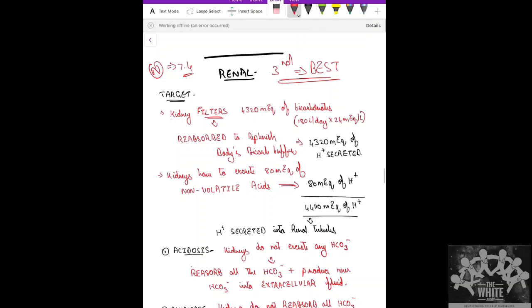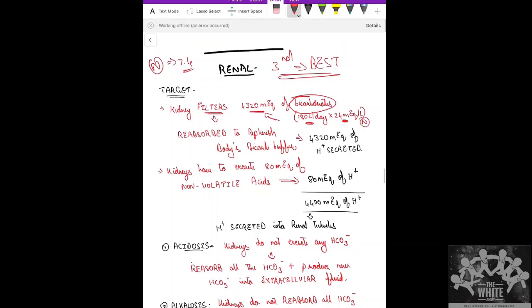It almost filters 4,320 milliequivalents of bicarbonate, because GFR is 180 liters per day into 24 milliequivalents being the normal concentration. You get 4,320 milliequivalents of bicarbonate. If this amount of bicarbonate gets excreted, there won't be any buffer left in the body. So the kidney has to reabsorb, but it cannot just reabsorb.